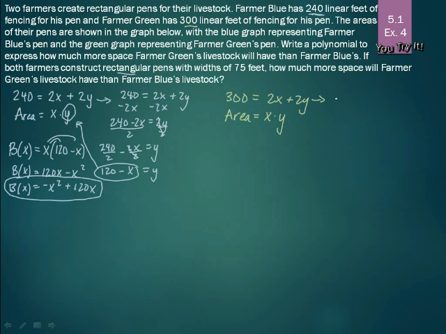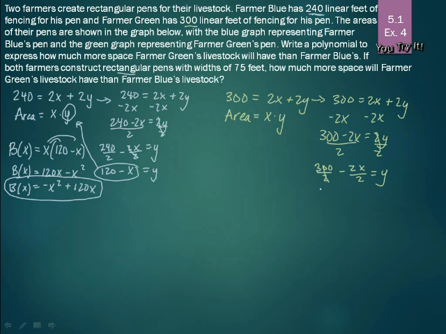So solve for y in the first equation. First subtract 2x on each side, so 300 minus 2x equals 2y. Then divide by 2 everywhere, so we get 300 divided by 2 minus 2x divided by 2 equals y.